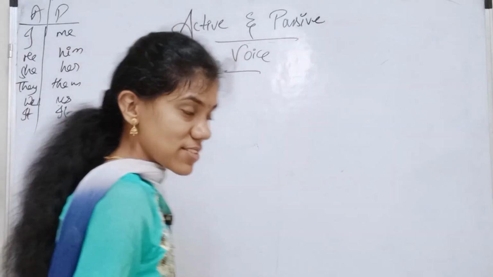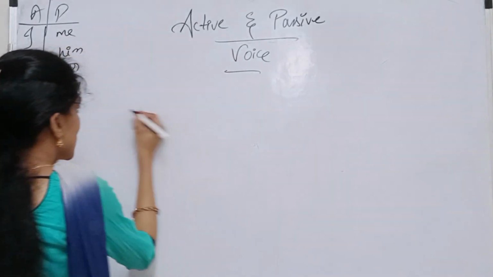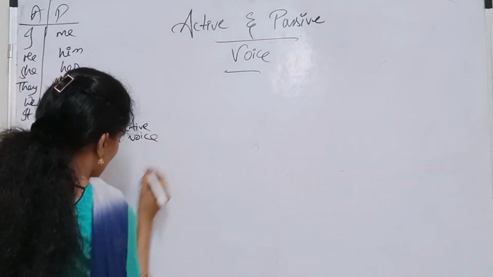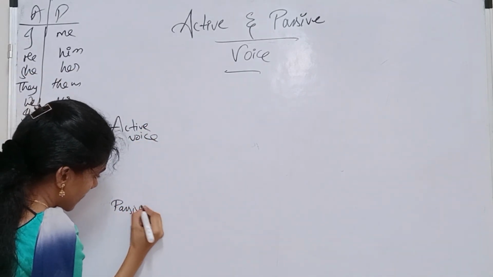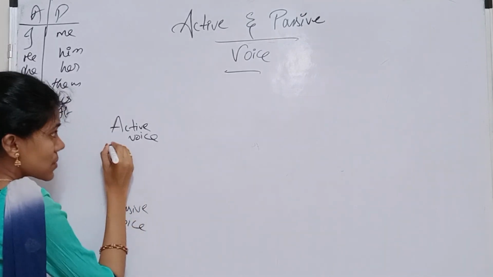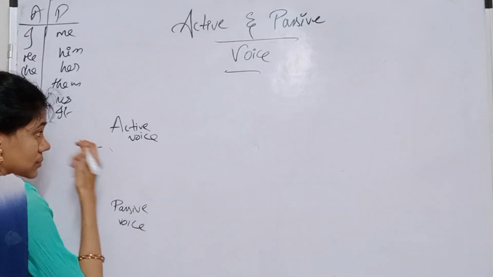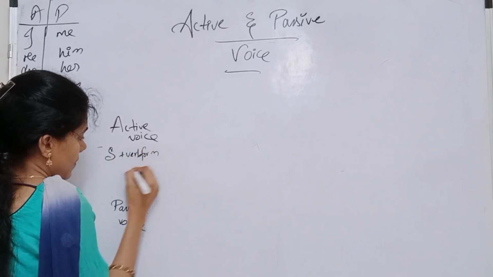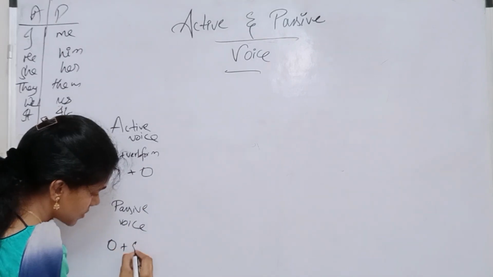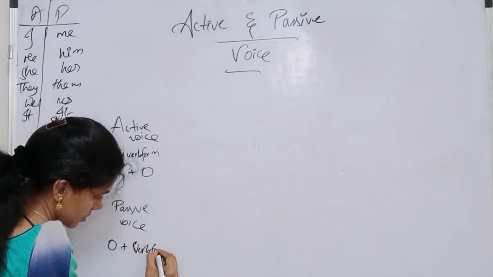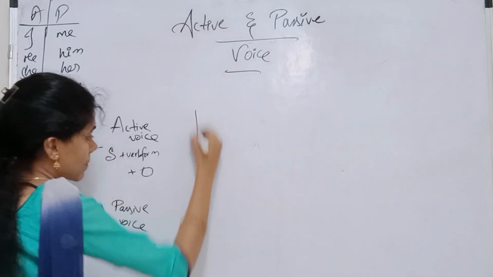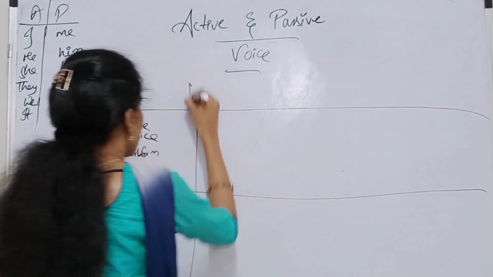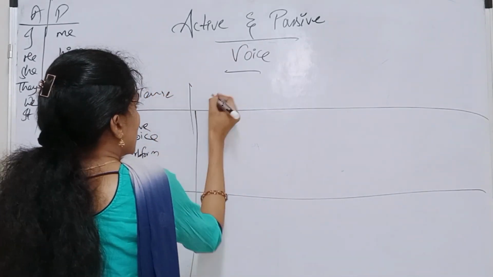So let us come into the tenses. I am writing here the active voice of a particular tense, and here the passive voice. Active voice means subject plus verb form plus object, and passive voice means object plus verb form plus subject. Now the tenses.